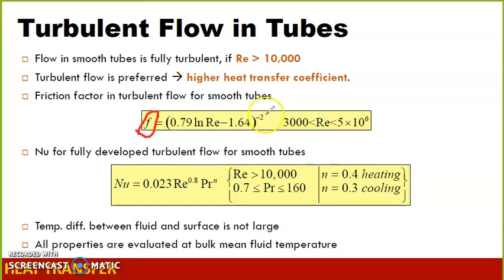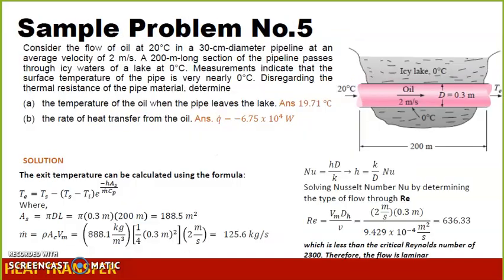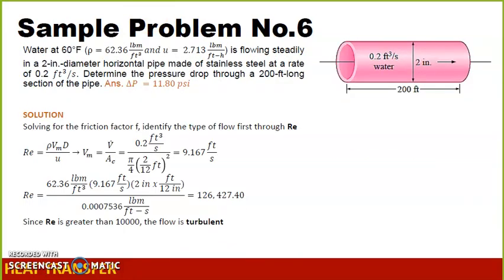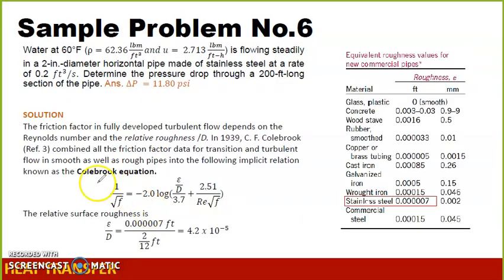Approximately our f should be 0.01713. So if you use this formula, that is one way, but we have another way also of solving for f. It depends on your choice. For f, we can also use the Colebrook equation.